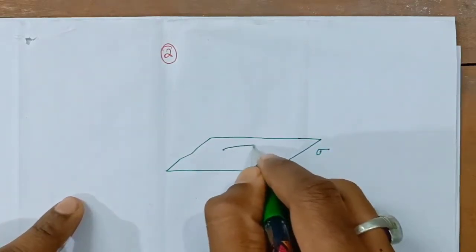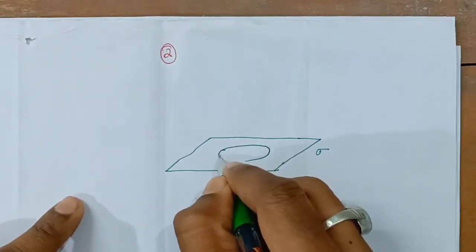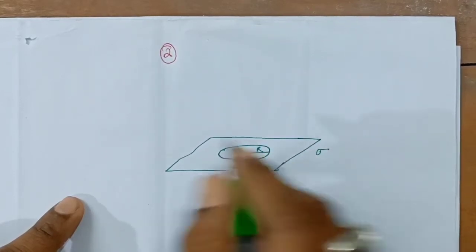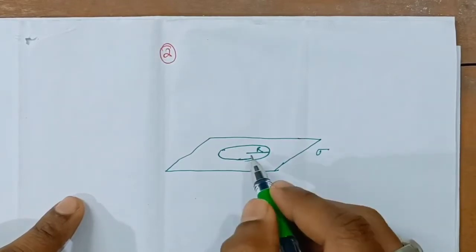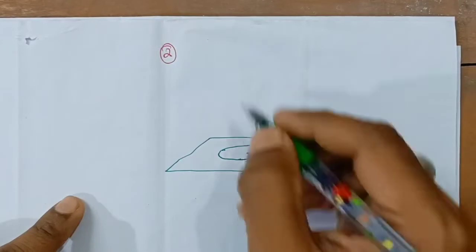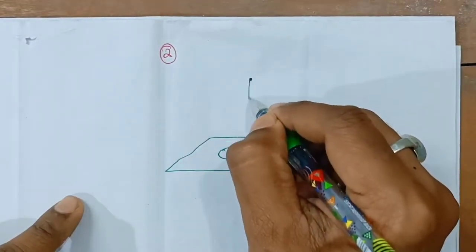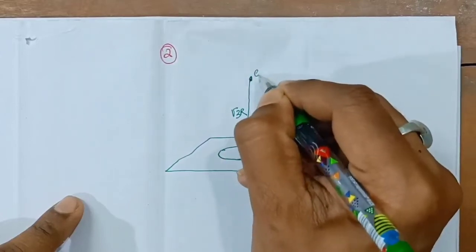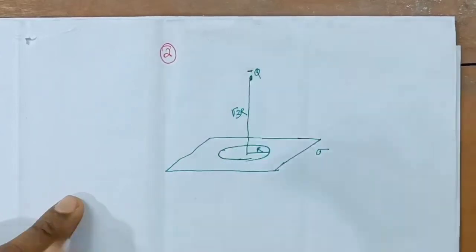A small section of radius r has been removed from this infinite sheet. Exactly at a distance of root 3 r, a negative charge q has been placed.